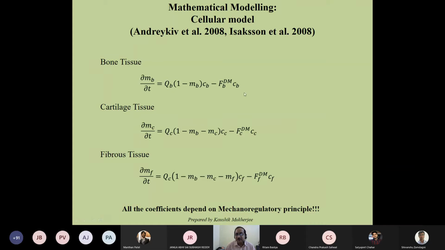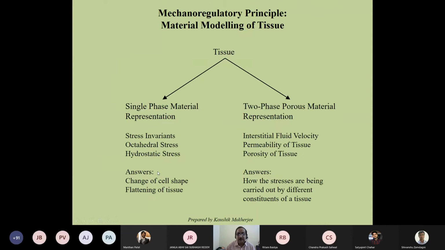So from cell concentration to bone tissue, when you are trying to model explicitly the different types of cellular mechanics in an elaborate model, you also need to find out the differentiated mass of bone tissue, cartilage tissue, and fibrous tissue. We were discussing yesterday about single phase representation of bone tissue, also as a two phase material.